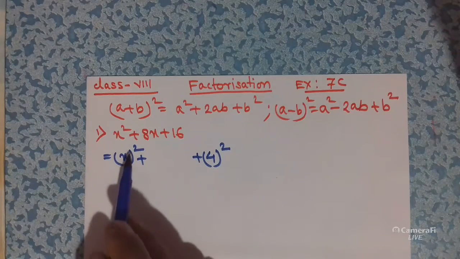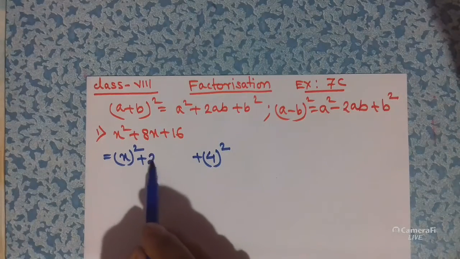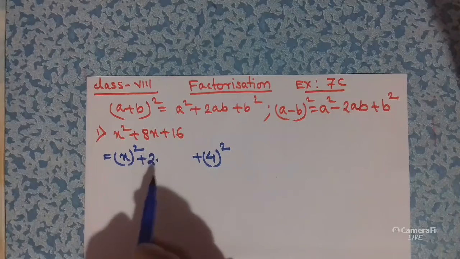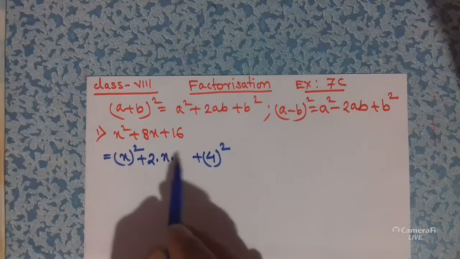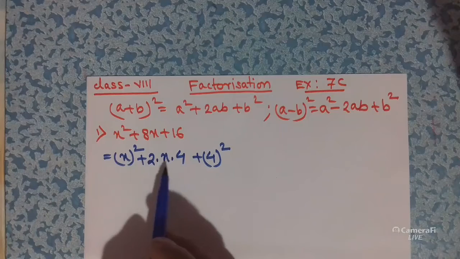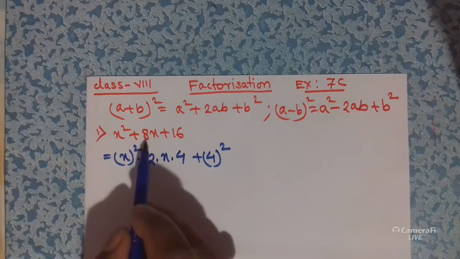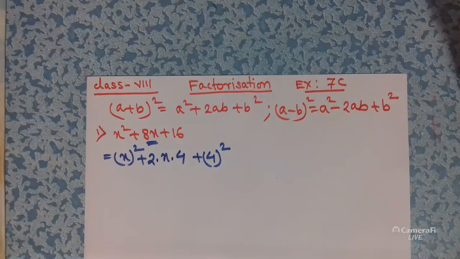In place of a, x is there, and in place of b, 4 is there, and in the middle 2ab will come. A means x and b means 4. And students, you can see that in the middle 2 into x into 4, that means 8x. So here in the middle 8x is there.